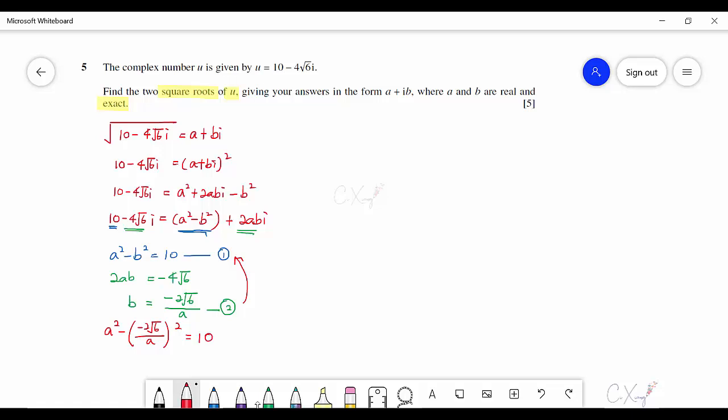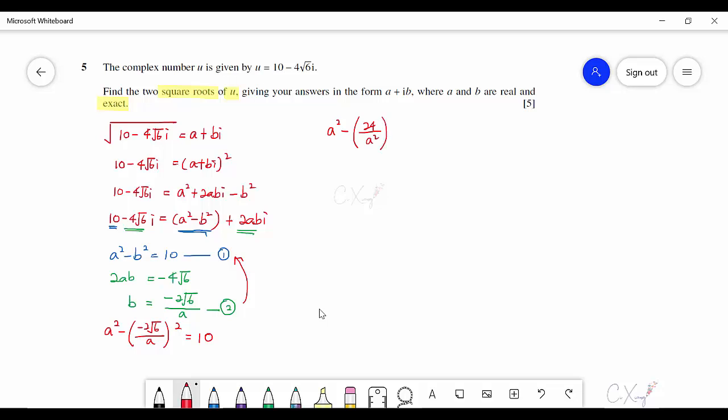Then I will have a square minus 4 times 6, you will have 24, over a square.